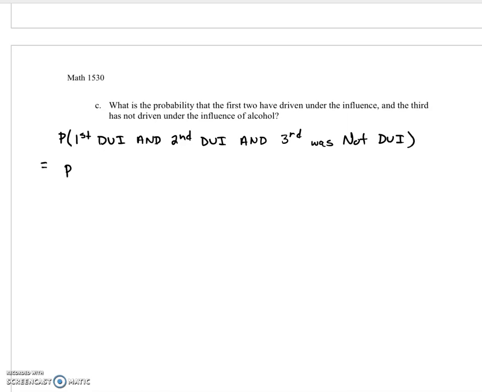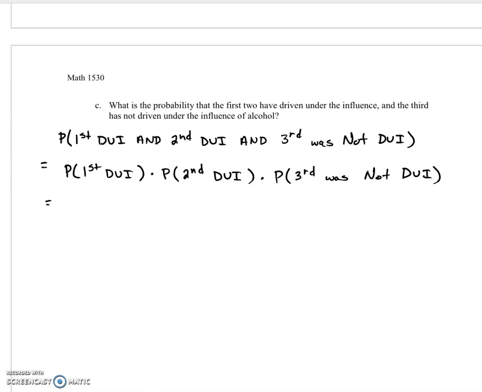So that's the probability that the first was DUI. Remember, these are independent, times the probability that the second was DUI, times the probability that the third was not DUI.